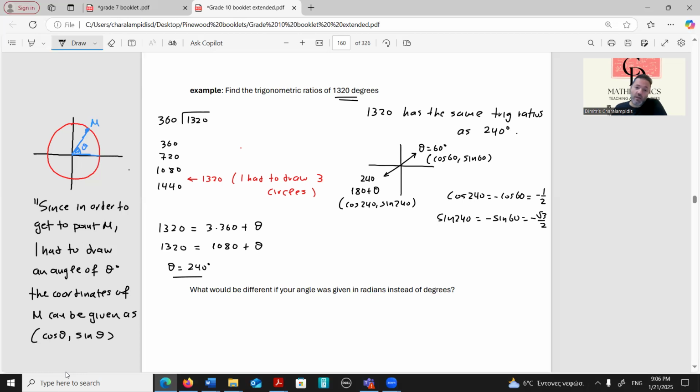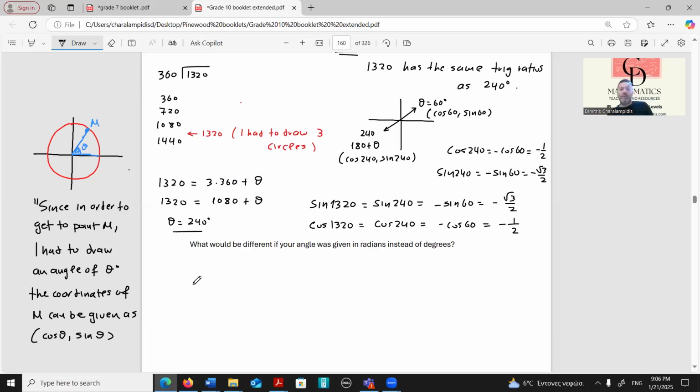So overall, the sine of 1320 degrees is equal to the sine of 240 degrees, which is minus square root of 3 over 2. The cosine is equal to cosine of 240, which is minus 1/2.